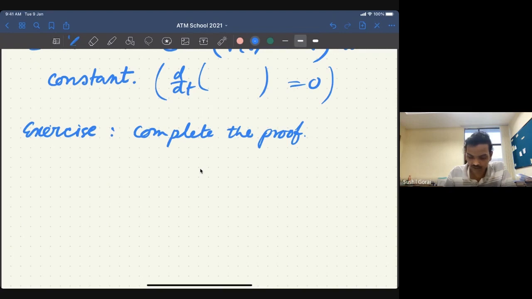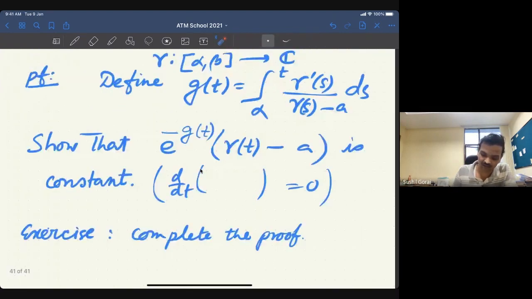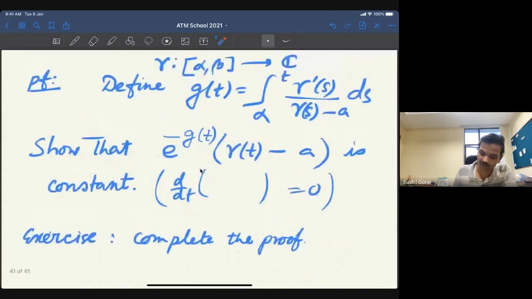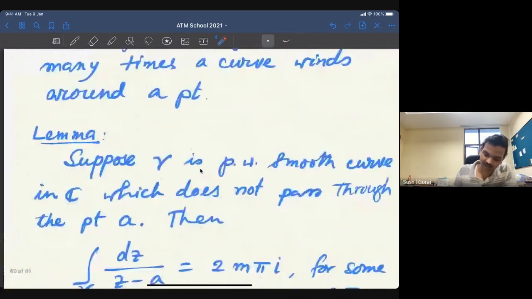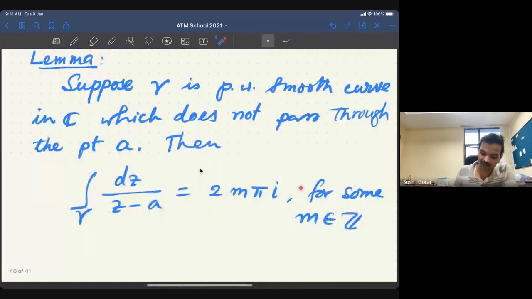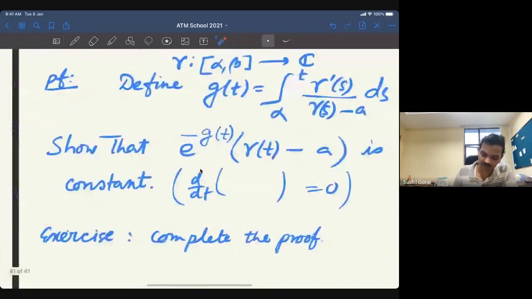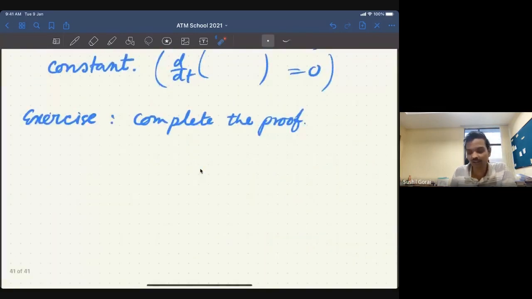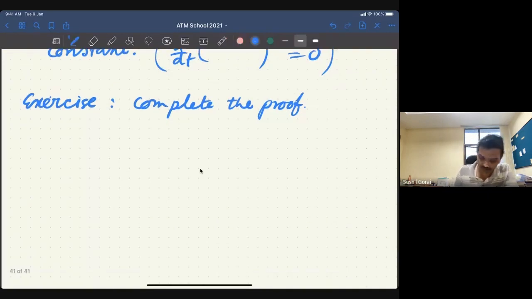You need to prove this lemma before defining what is called the winding number, because we will define the winding number in this way. Though one can define winding number using the argument function, this is the easiest way to define.